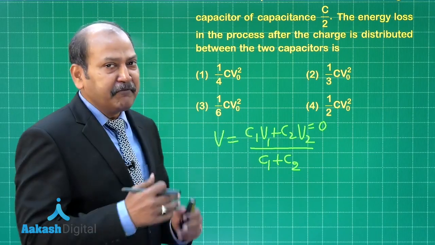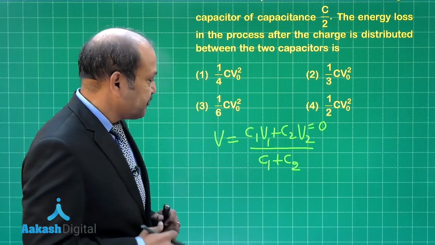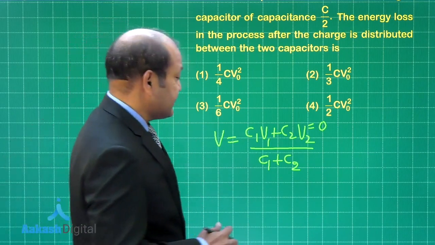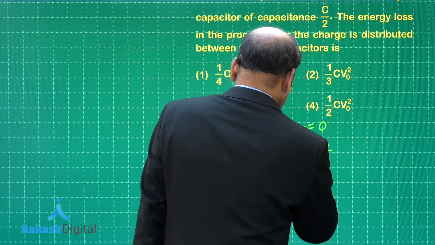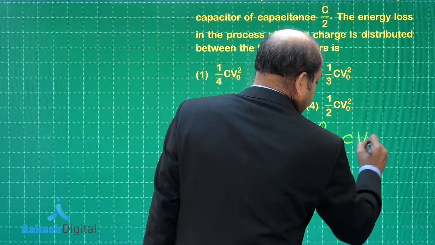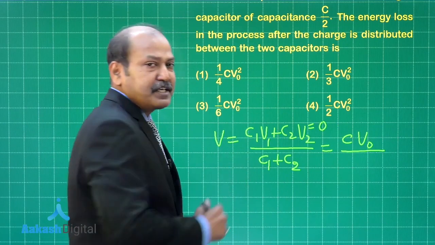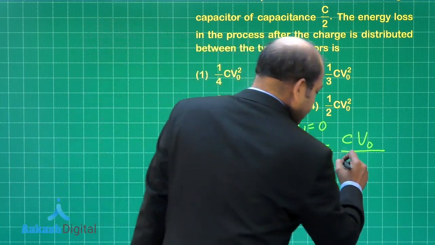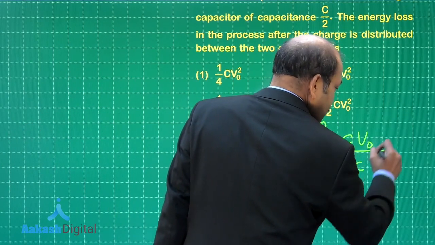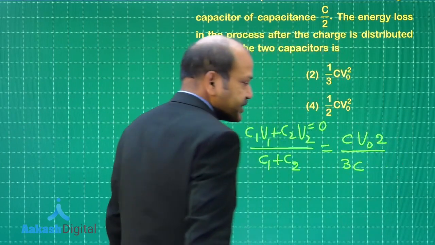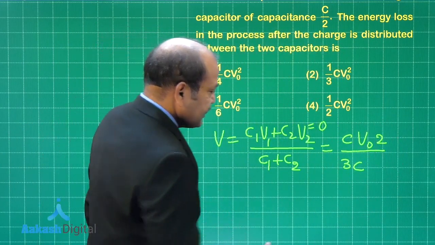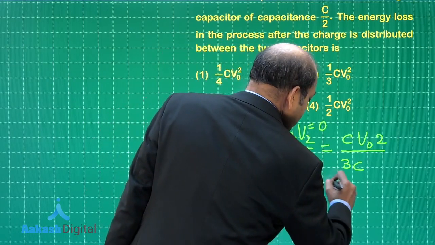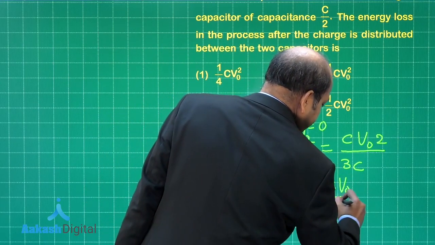C1 is C and V1 is V naught. That means the common potential is then coming out as C V naught divided by C plus C by 2. The other capacitance has value C by 2. That means this is 3C divided by 2. So, 2 goes upstairs. That means the common potential is then 2 V naught divided by 3.